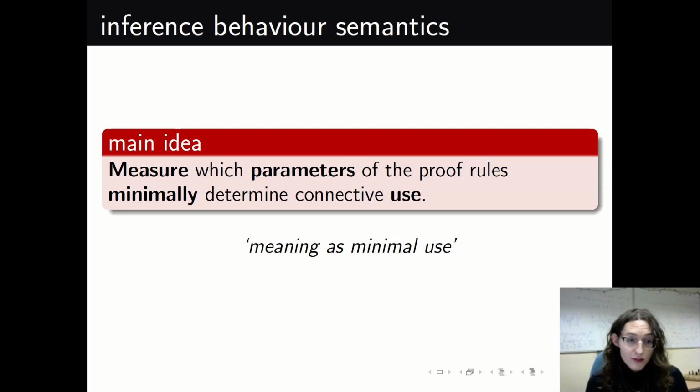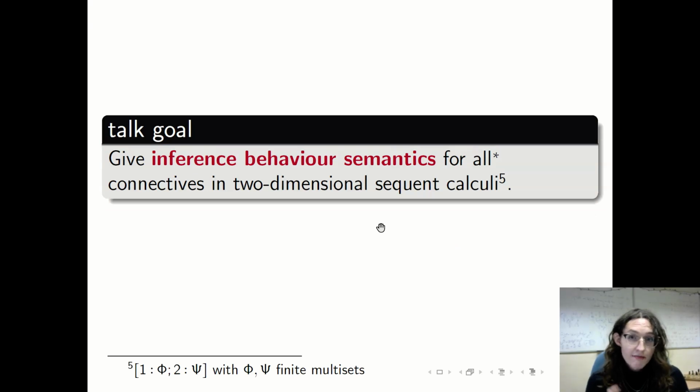Now, for the remainder of this talk, we'll be looking at how inference behavior semantics works in practice, and that way you'll hopefully see what this approach is after. And specifically, we'll be looking at a very broad case study. Namely, we'll be giving inference behavior semantics for just any connective we can define in two-dimensional sequent calculi. Two-dimensional sequent calculi, those are calculi based on a binary derivability relation between finite multisets of formulae.